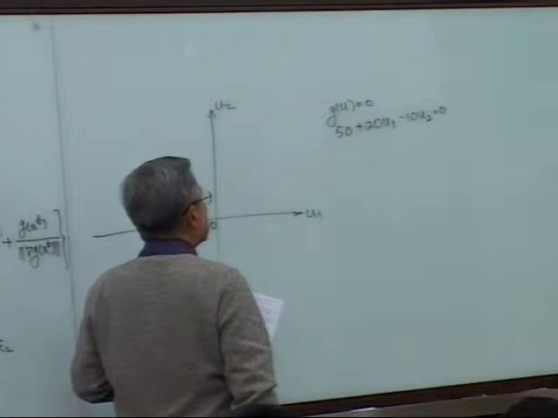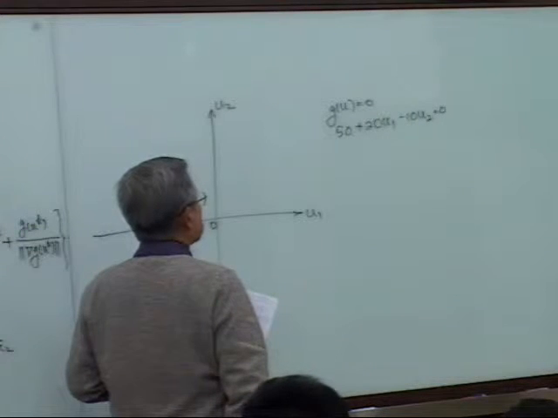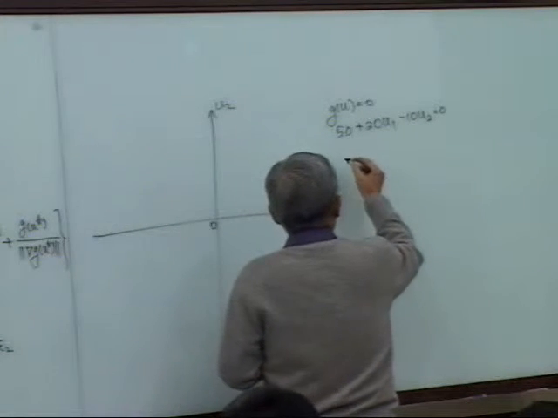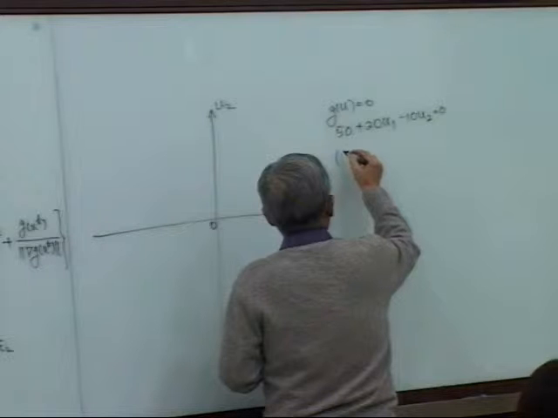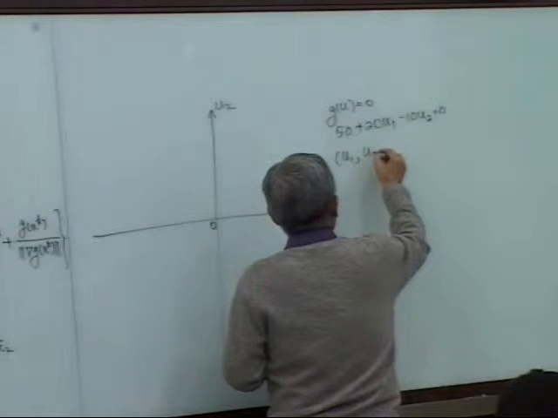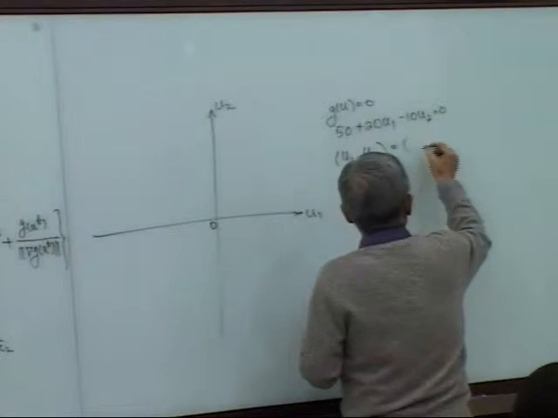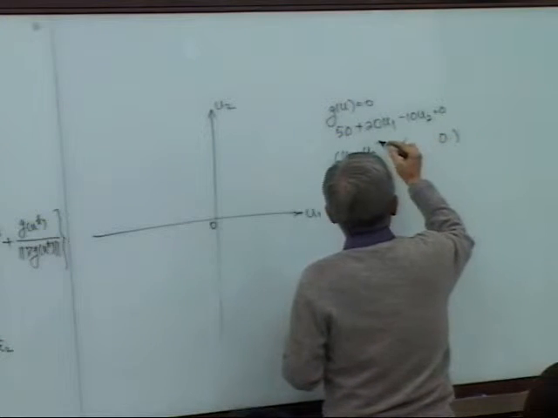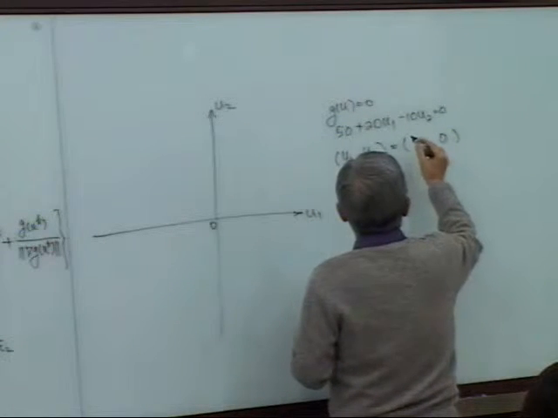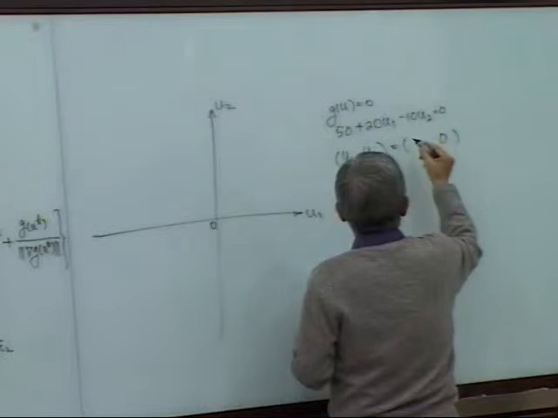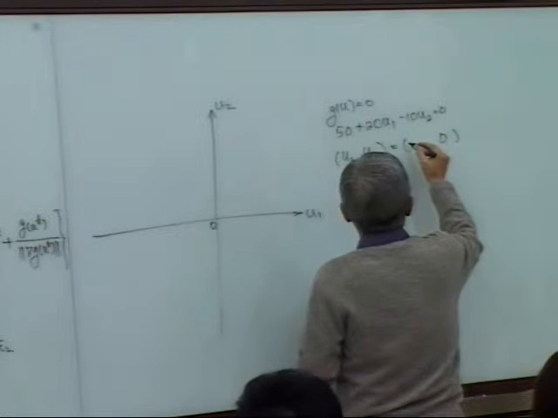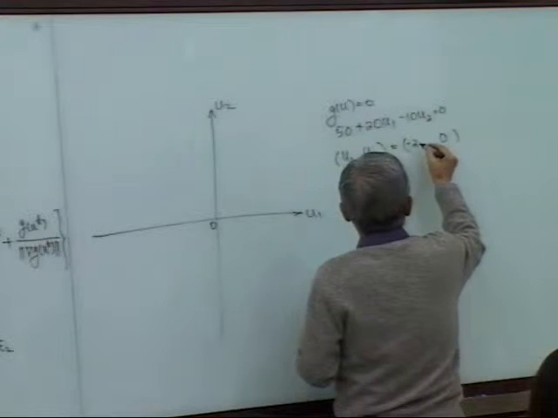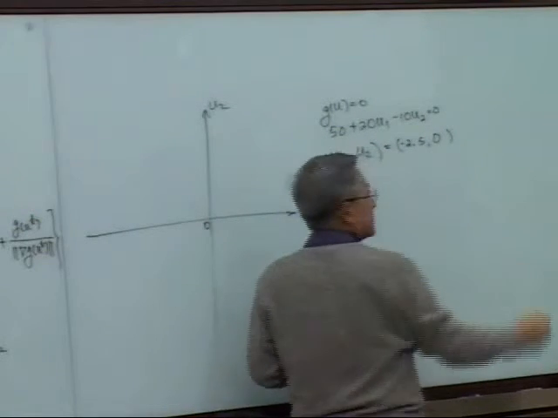When u2 is equal to 0, u1 is equal to minus 2.5, right?